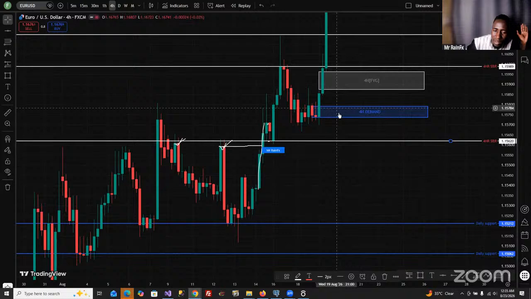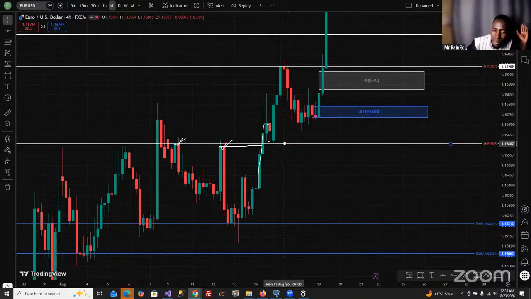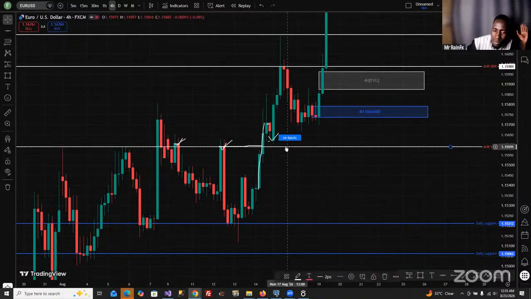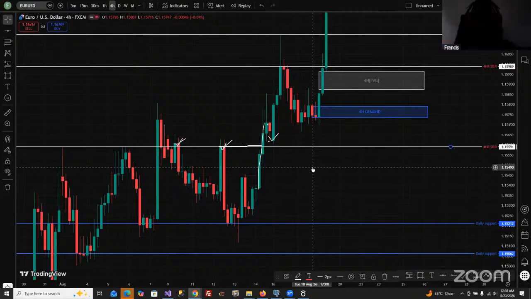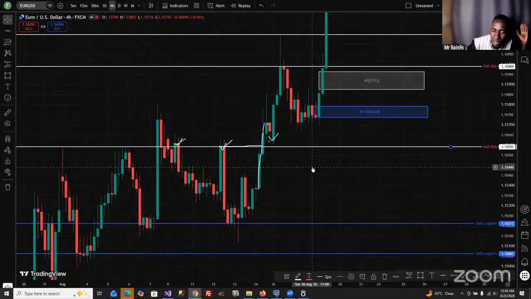This one here just looks good for me. Because this one is not clear, you use a clear base. You look at a good area where you see a base. It's the same way whenever we are on the 1 hour and we see the 1 hour is messy or there is a lot of information, we go to the next higher time frame.